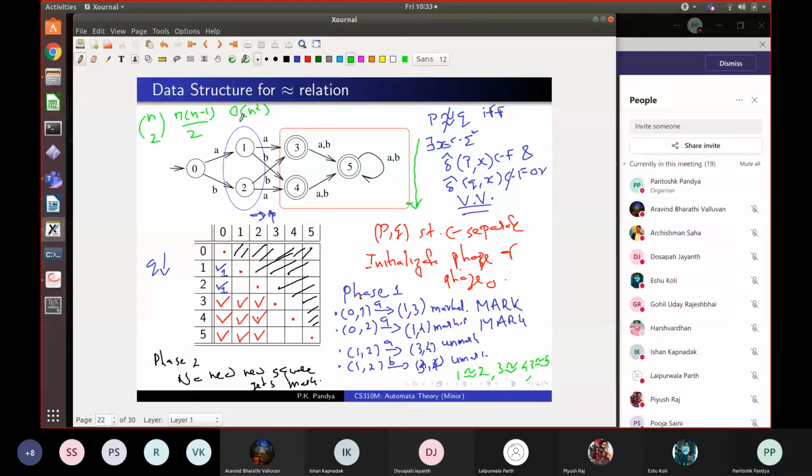Although this is a polynomial time algorithm, there is a faster algorithm which will take time order n log n, which we are not doing. So this cannot be called optimal, because there is a faster algorithm which will also give you separation of states.